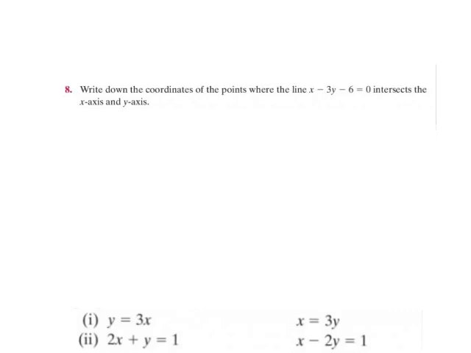Okay, write down the coordinates of the points where the line x minus 3y minus 6 equals 0 intersects the x-axis and y-axis. So we have to remember when we intersect, so at the intersection of the x-axis, y equals 0.